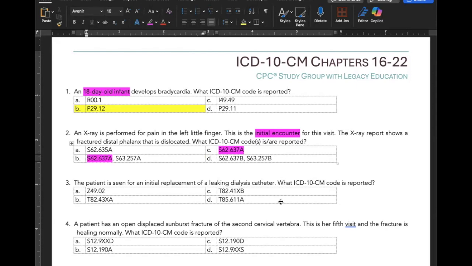So now the main question is, we have 2 options with S62.637. The fracture for the distal phalanx, are we supposed to code the dislocation as well? Or are we going to stop at just coding the fracture?